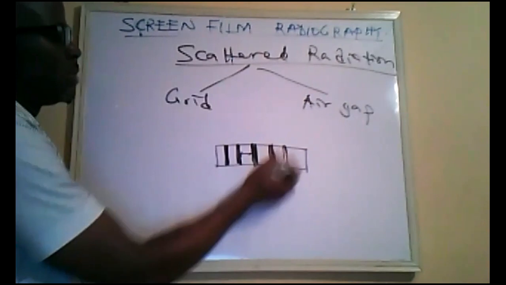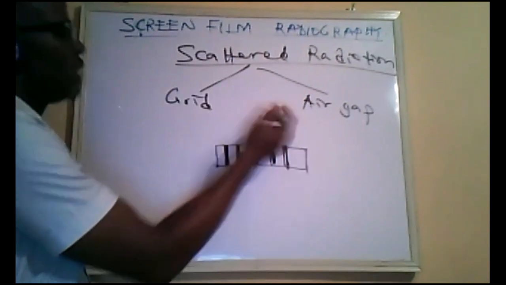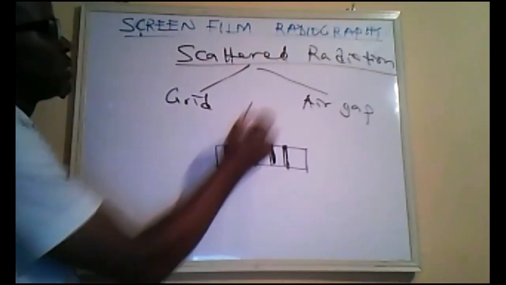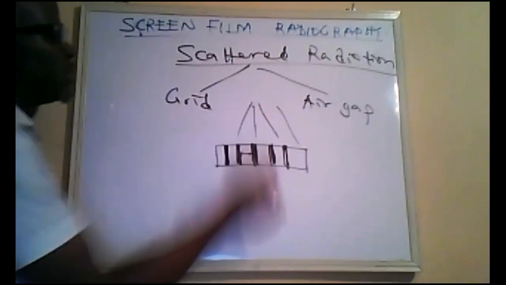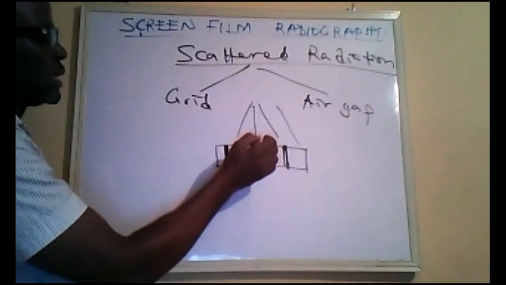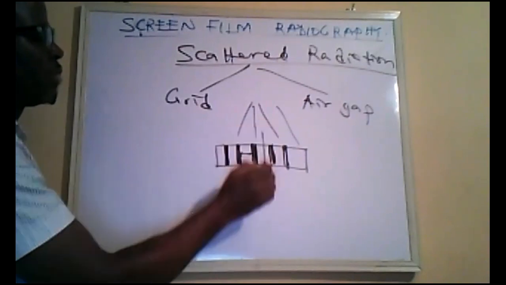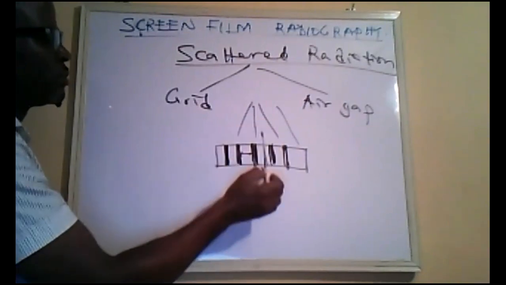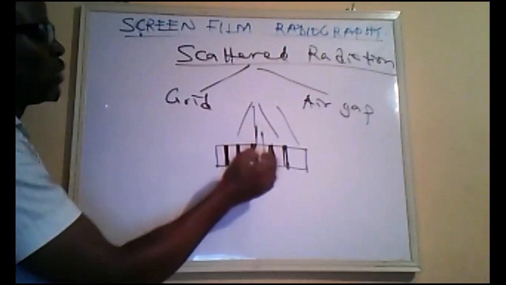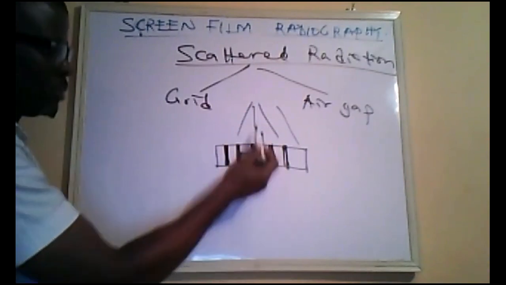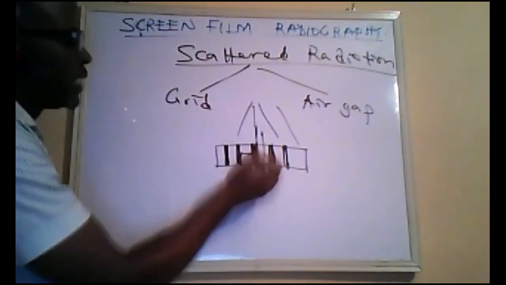You have some lead material here. So if you have so many rays coming in so many directions, it's only the ones parallel to this space that will go through. All other ones not parallel to it will be intercepted by this lead strip.